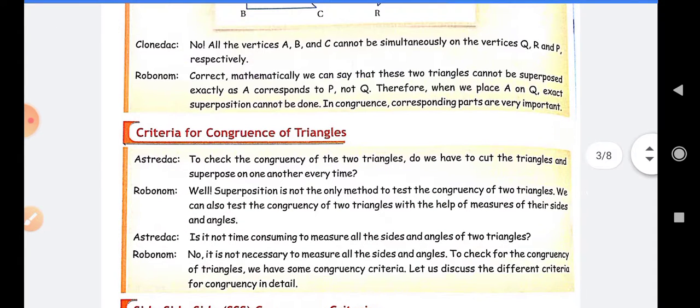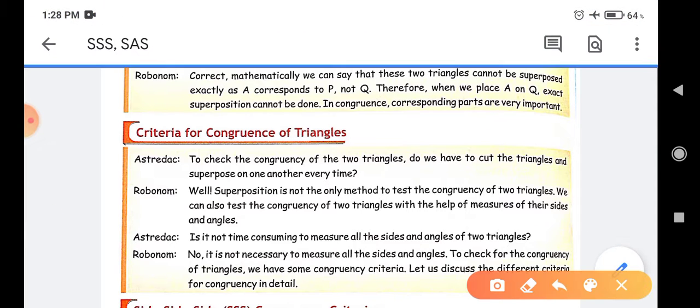Next is criteria for congruence of triangles. To check the congruency of triangles, one method we have done is the superposing method, but it cannot be used on all triangles, because we cannot superpose every triangle on another.